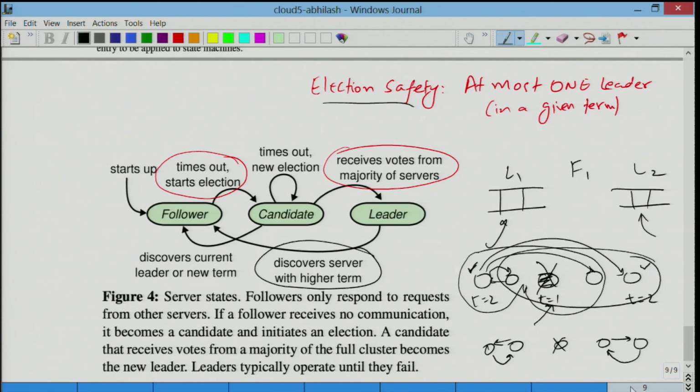So in this case, there is no leader for term 2, and again there will be an election timeout, and someone else will become candidate for term 3. So in a given term there should be no more than one elected leader, but there may be terms where no one could become a leader.